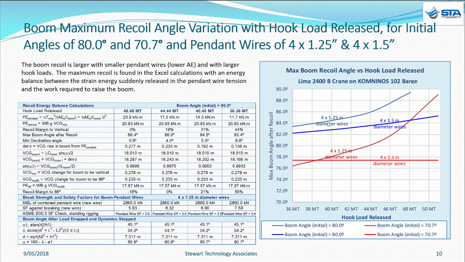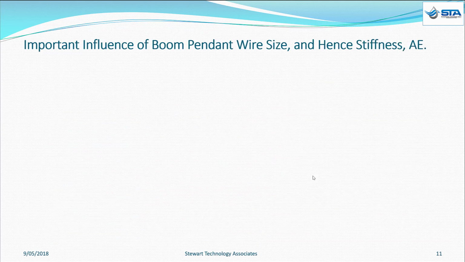We can compare an initial recoil starting at 80 degrees, so these light blue numbers, or the royal blue numbers, 80 degrees but with thicker wires, and similarly starting at 70 degrees with the brown line, or the red with 70 degrees starting and thicker wires.